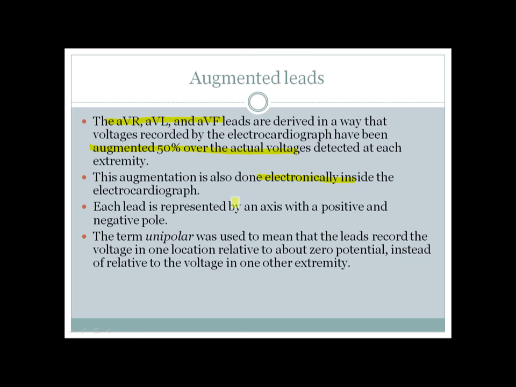Each lead is represented by an axis with a positive and negative pole. They are called unipolar because the leads record the voltage in one location relative to zero potential in the center of the electrical activity field, instead of relative voltages in another extremity. That's why the augmented leads are called unipolar leads.